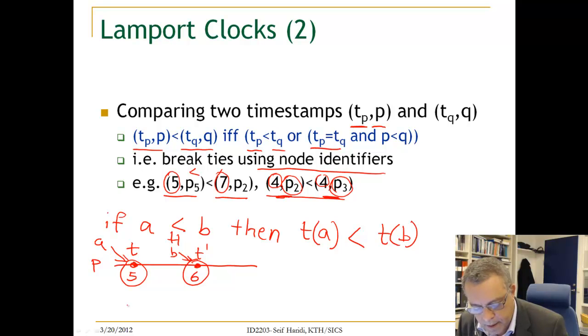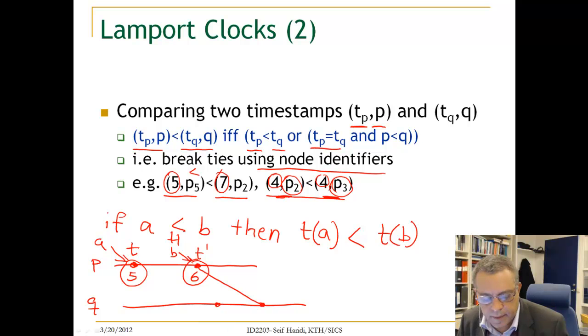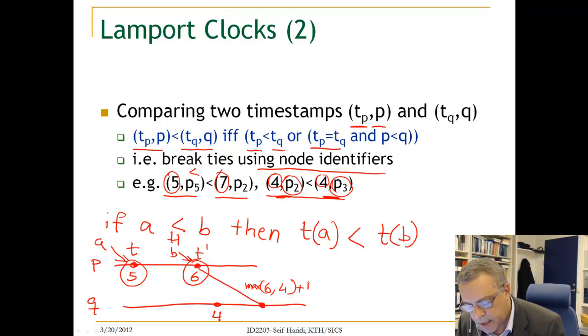Now if we have another process Q and we send a message here, and we assume the latest timestamp associated with the latest event on Q is, say, 4. At this point, when we get the message, we compare 6 with 4, we take the max, and we increment that by 1, so we get a timestamp 7.